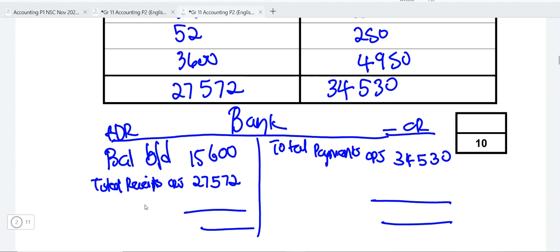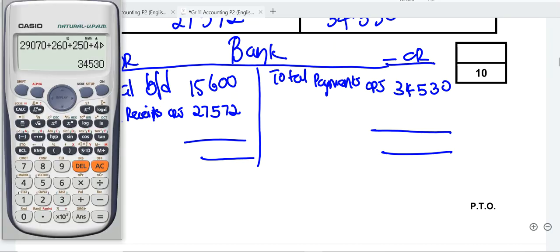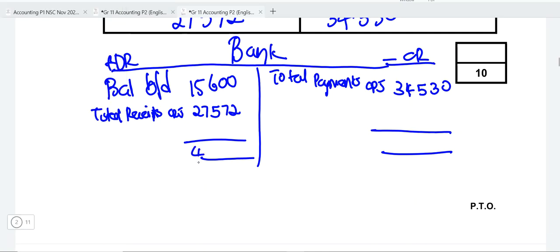So if you look at this, you'll realize that the debit side is the biggest. If you say 15,600 plus 27,572, it will give you a total of 43,172. So we'd have 43,172 both sides.